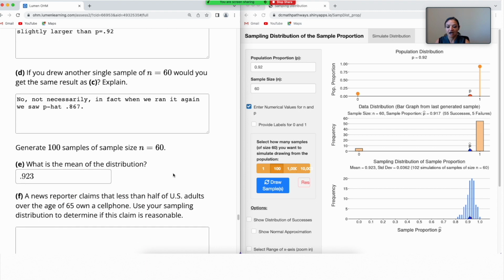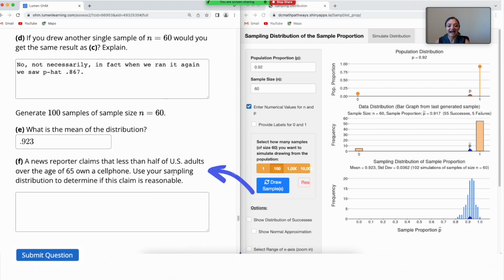Now it says, a news reporter claims that less than half of US adults over the age of 65 own a cell phone. Use your sampling distribution to determine if this claim is reasonable. And if we look down here, we ran 100 samples and notice that none of them ended up giving us a sample proportion anywhere near 0.5.